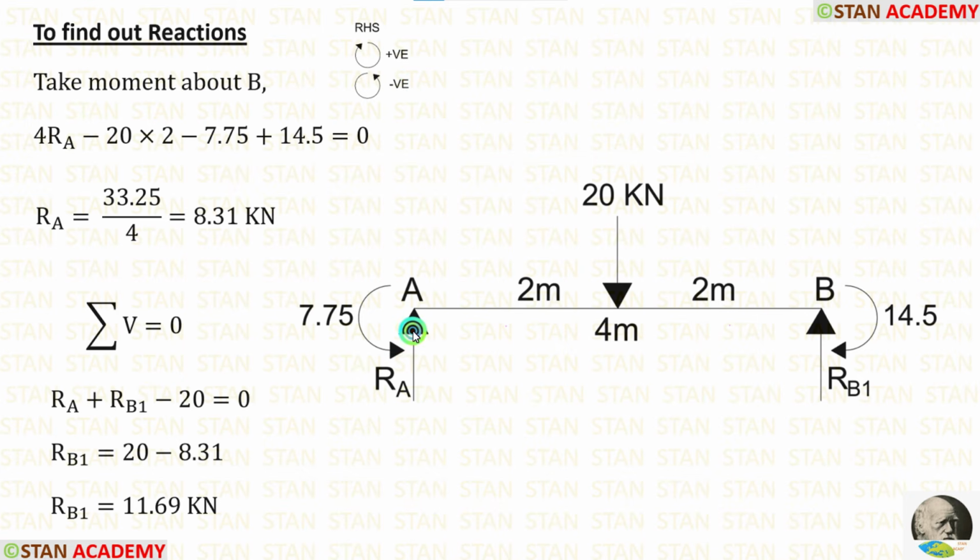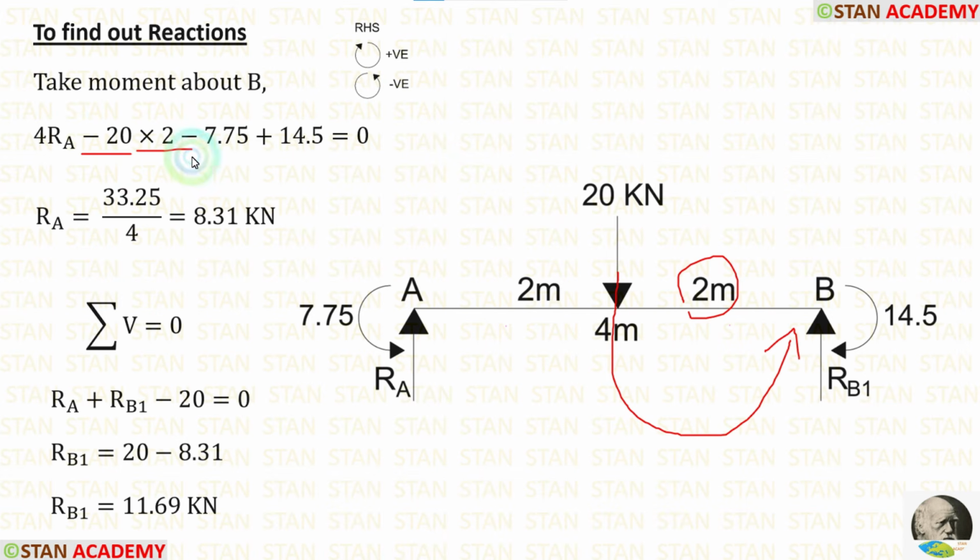The vertical reaction RA is acting towards the point B in the clockwise direction, so it is positive and the distance is 4 meter. So 4 RA. The point load 20 kN is acting towards the point B in the anticlockwise direction, so it will be negative and the distance is 2 meter.